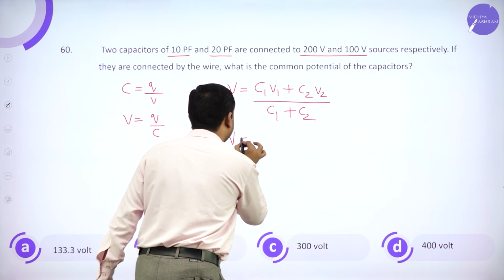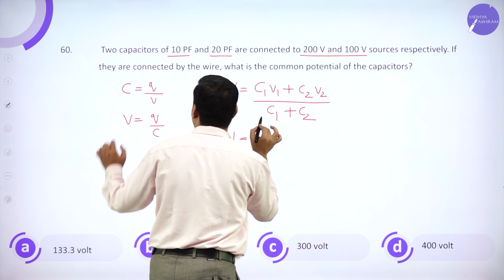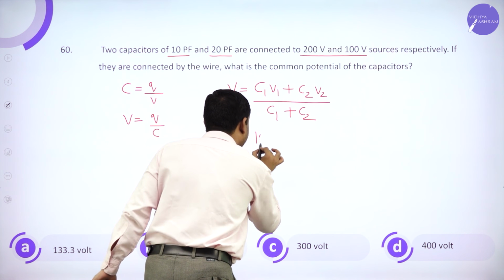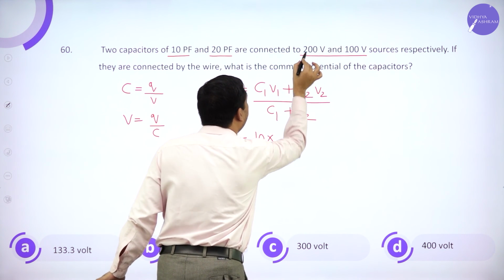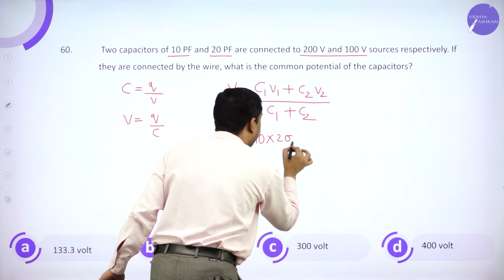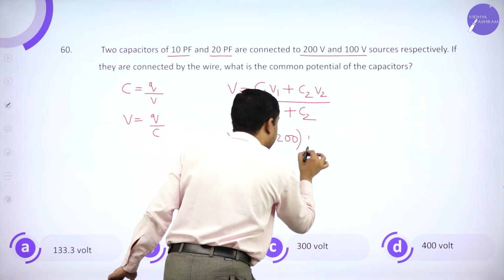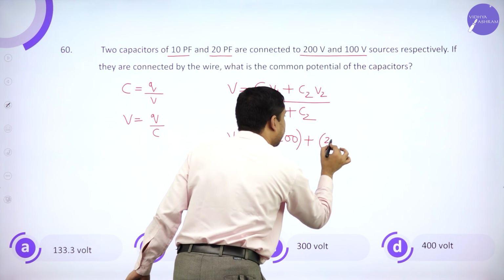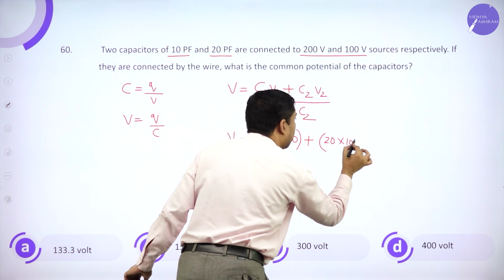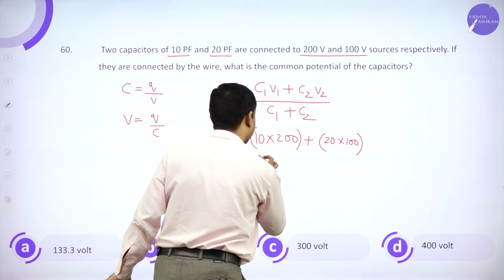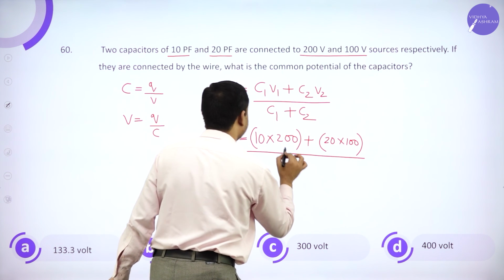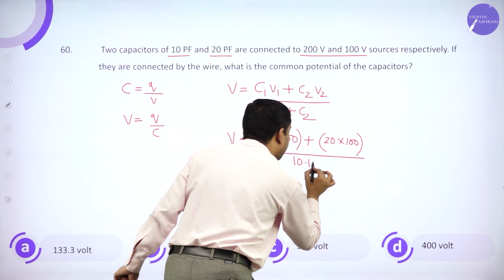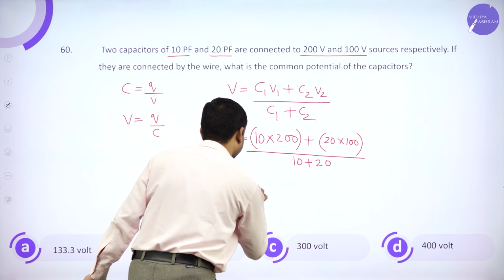Or V equals, how much is C1? 10 into V1, 200, plus C2, 20 into 100, divided by C1 plus C2, 10 plus 20.